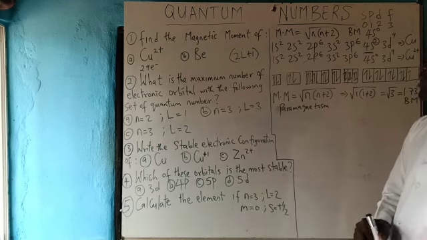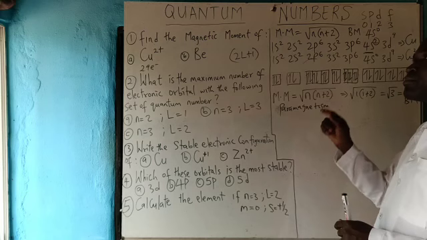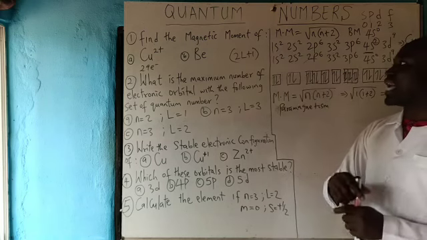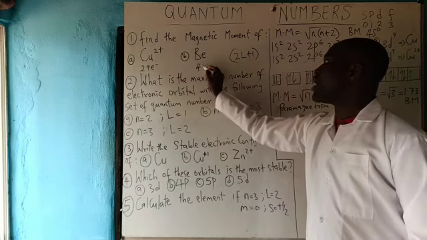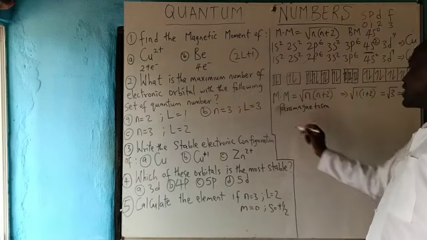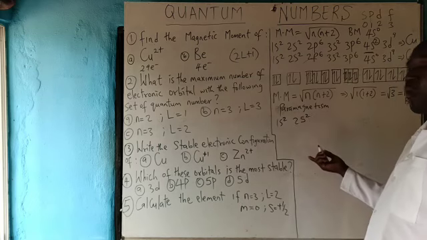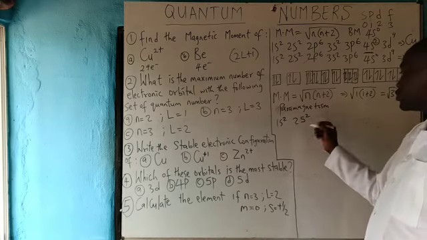Okay. Now, for the question number 2, beryllium. It has how many electrons? 4 electrons. That means 1s2, 2s2. That is how it goes.